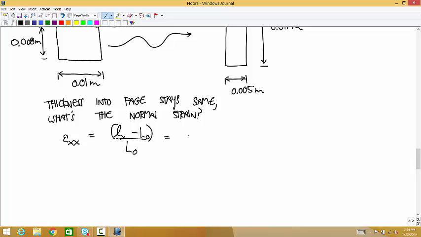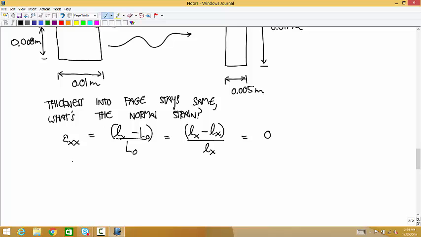Zero, right? We don't even know what it is, but we know that it stays the same, divided by L_x, so you end up with zero strain in the x direction.